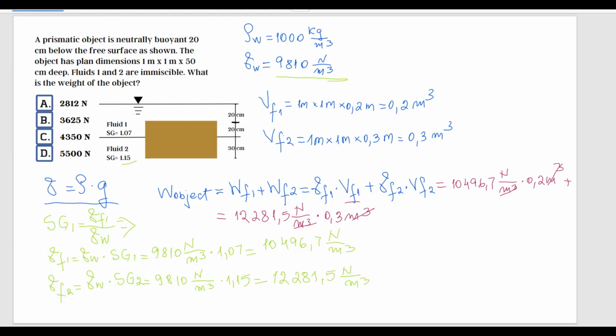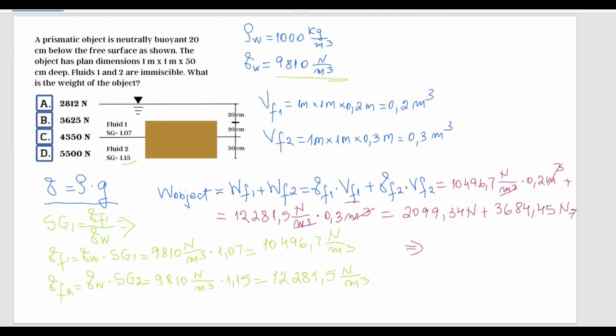Meters with meters go away, and all we have to do now is calculate this using the calculators. 10,496.7 times 0.2 is equal to 2099.34 newtons, plus 12,281.5 times 0.3, and the next value is 3684.45 newtons.